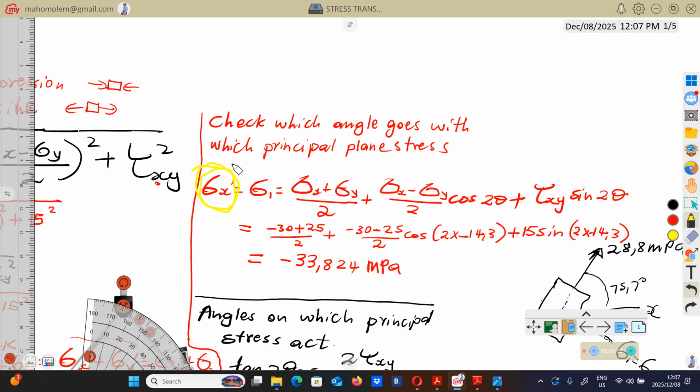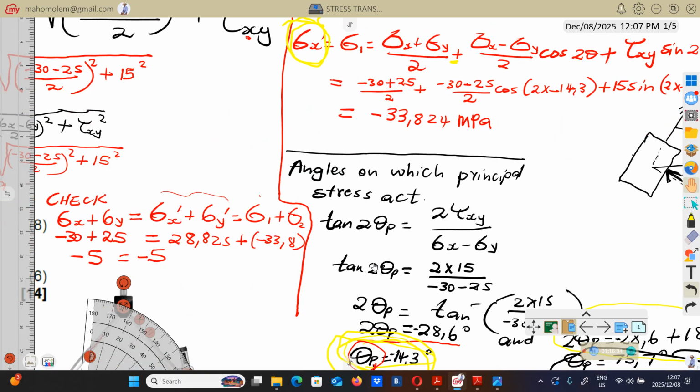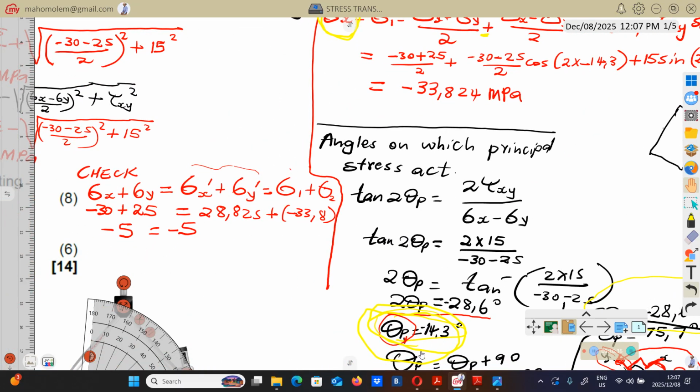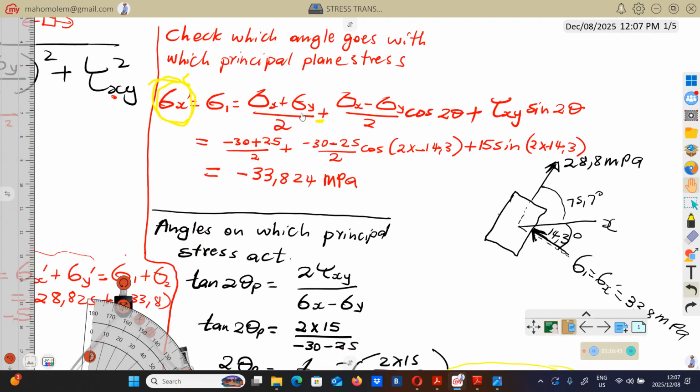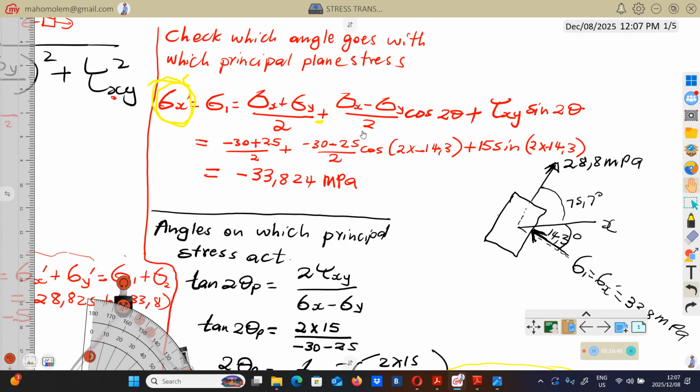Remember, if it's normal stress on the y face, the formula will change. We've got two formulas, you'll see them on the formula sheet. So if you use this angle, then you must use that formula, then you must use plus. That means this is going to give you the stress on this.